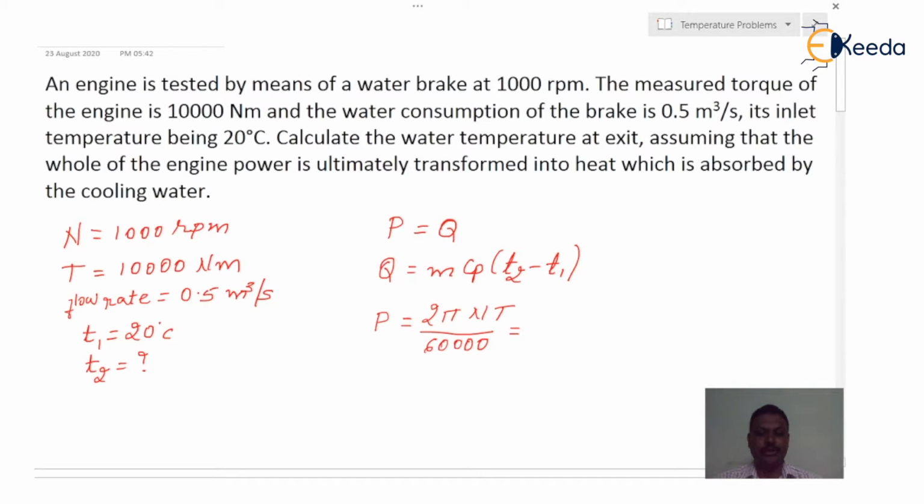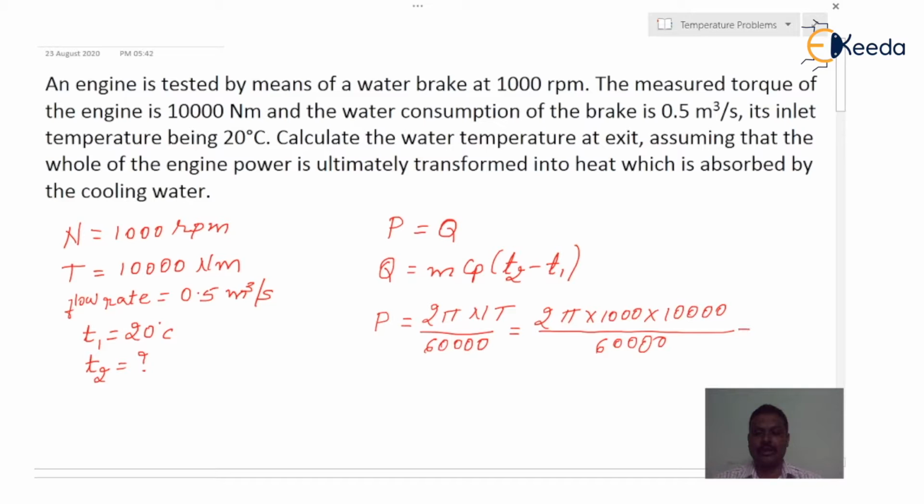So this is equal to 2 pi, here N is 1000 rpm into torque is 10,000 Newton meter, that is divided by 60,000.